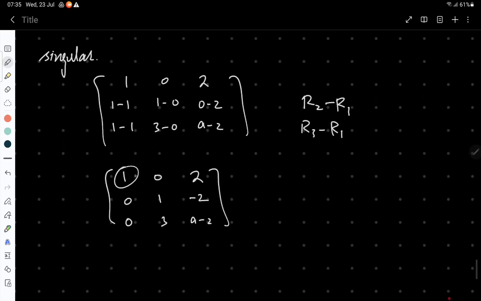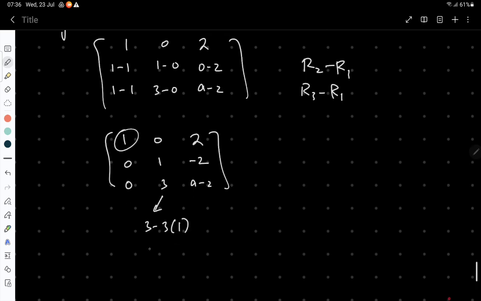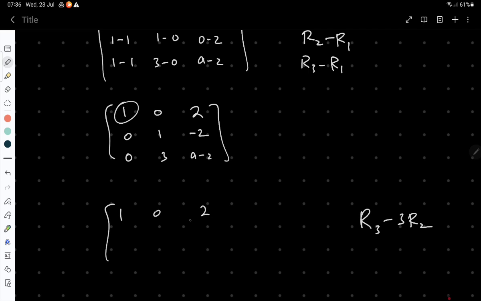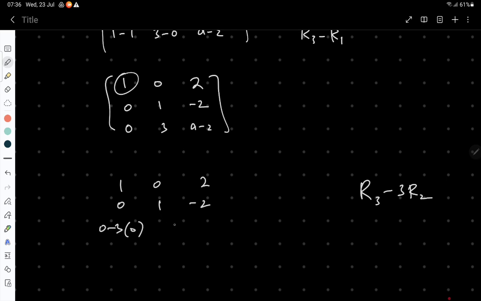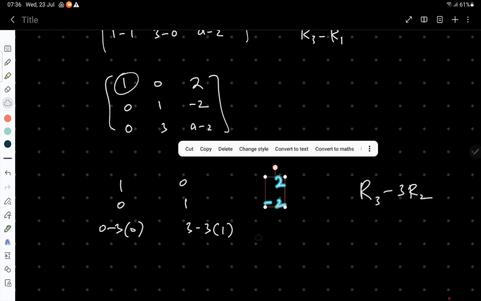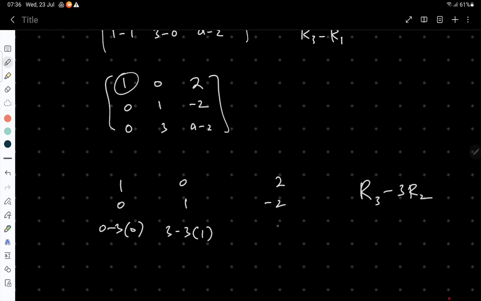Now this is a pivot entry and this is 0. Now I have to make this 0. How can I make this 0? I can make this 3 minus 3 times 1, in other words, r3 minus 3 times r2. Let's check: 1 0 2, 0 1 minus 2, 0 minus 3 times 0, 3 minus 3 times 1, and a minus 2 minus 3 times minus 2.